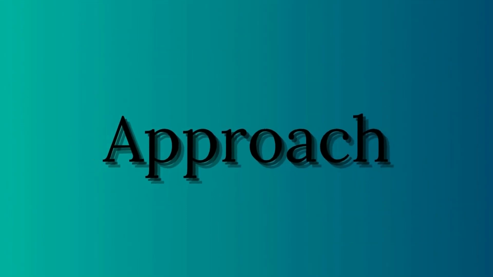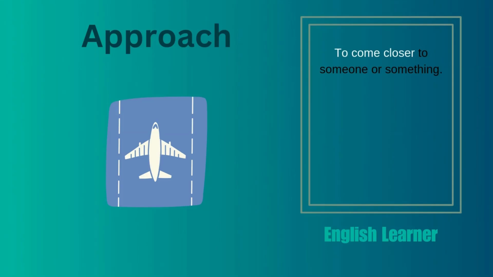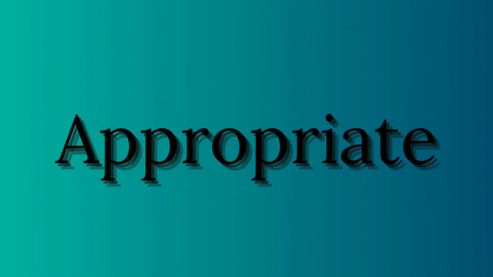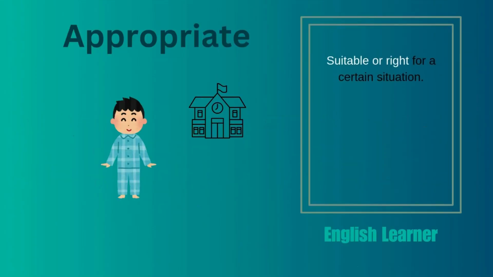Approach. To come closer to someone or something. Example. We watched the plane approach the runway. Appropriate. Suitable or right for a certain situation. Example. It's not appropriate to wear pajamas to school.